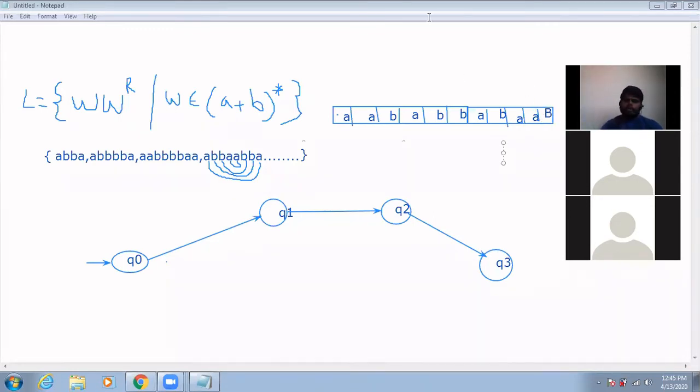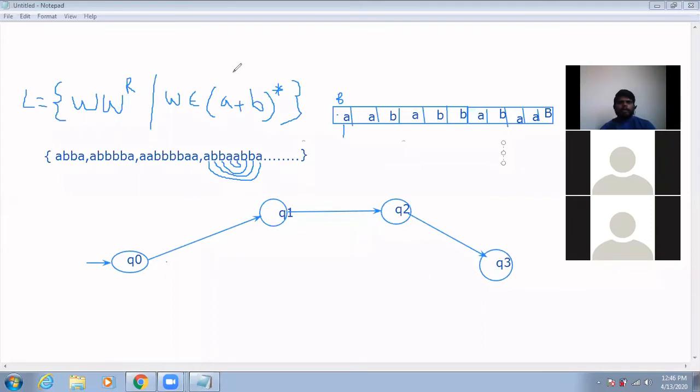So here, see this first A. I am replacing A with a blank, and I am going right hand side.